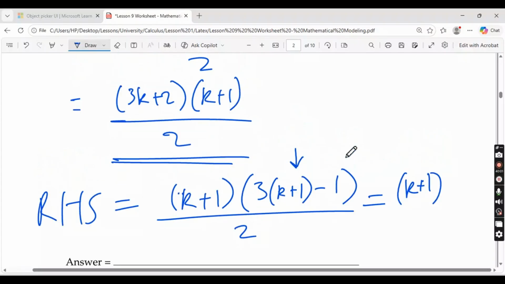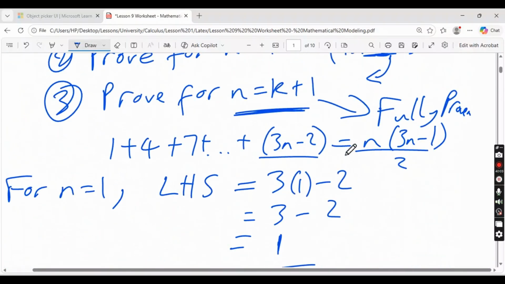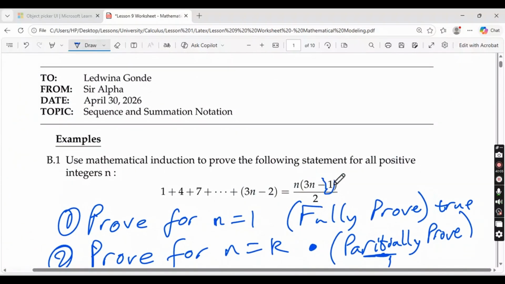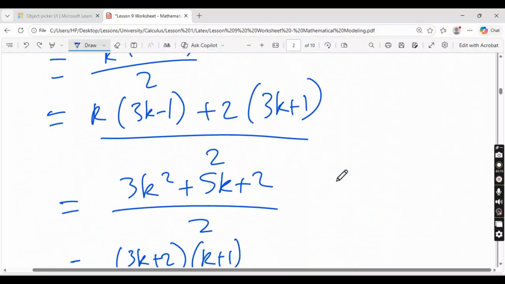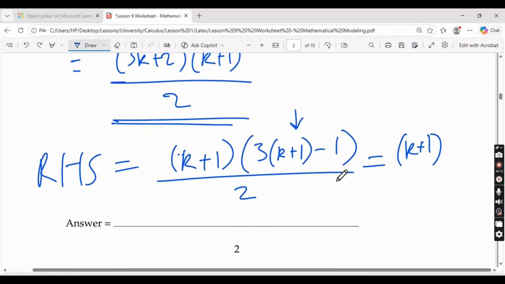Here's supposed to be 1. Let me double check. Yeah, it's supposed to be 1. Okay. So what did you say the answer was? 3k minus 3k 1. Oh, I have to do it again, plus.